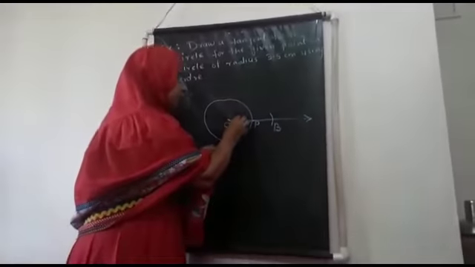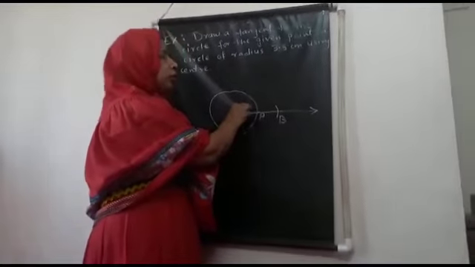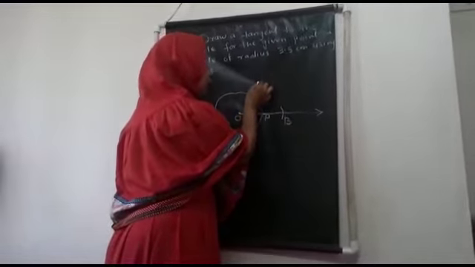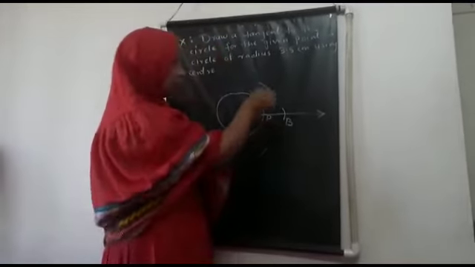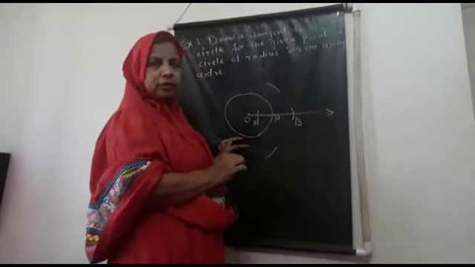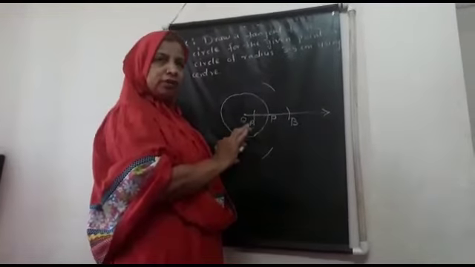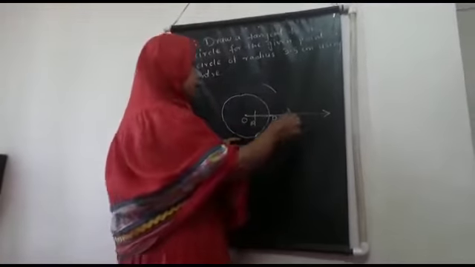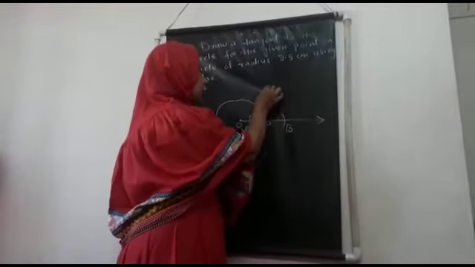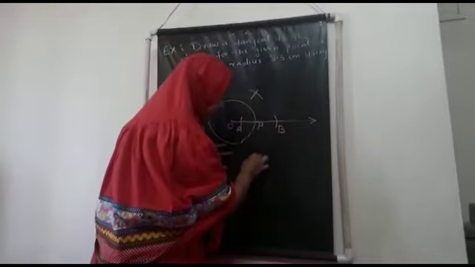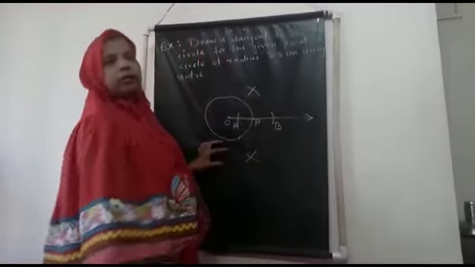Put the compass pointer on A and draw the arc on both sides, up and down side of the circle like this. Do not change the distance. Again put the compass pointer on B and draw the arc intersecting the previous one.